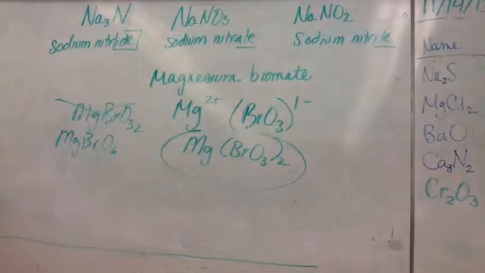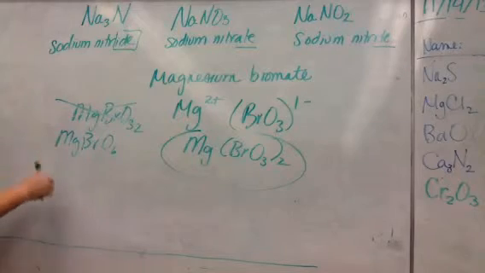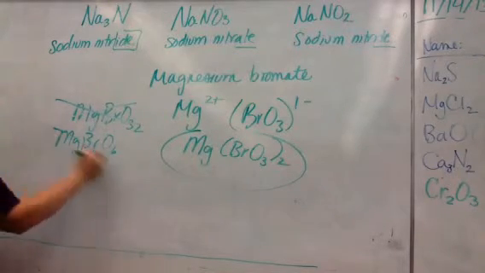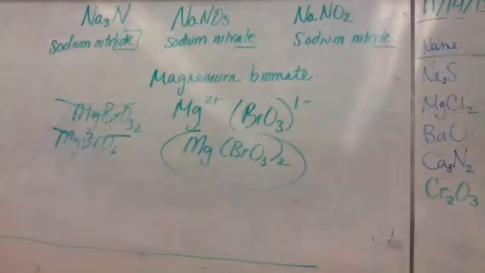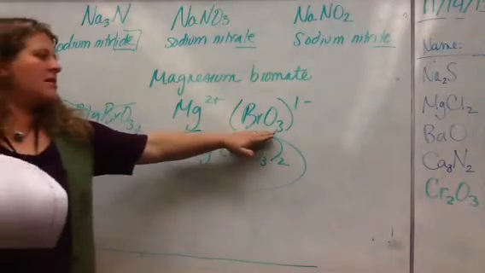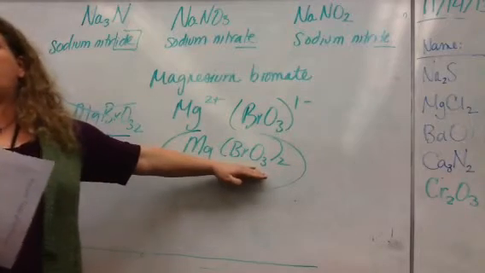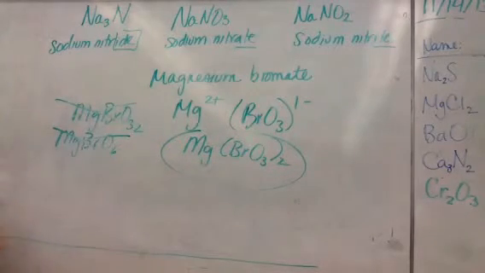Because there, somebody tried to multiply the 3 by the 2, and so now you've got a magnesium, a bromine, and 6 oxygen. No. Can't do it. So you have to keep this ion a discrete unit. Could you have magnesium Br2O6? No. You cannot.